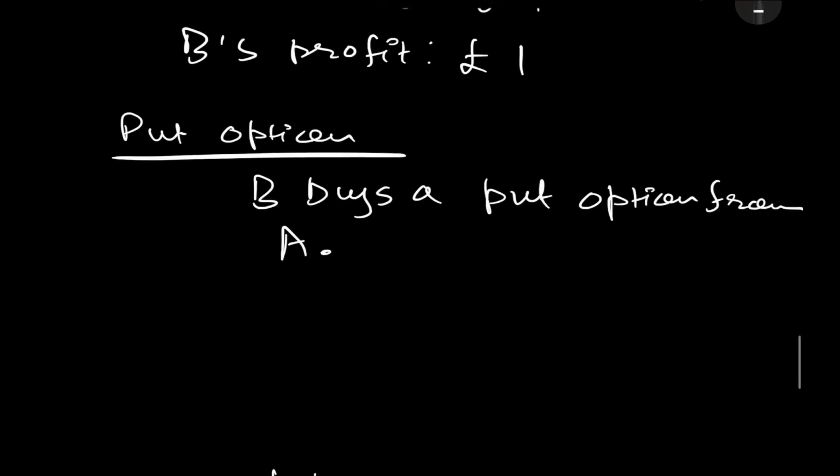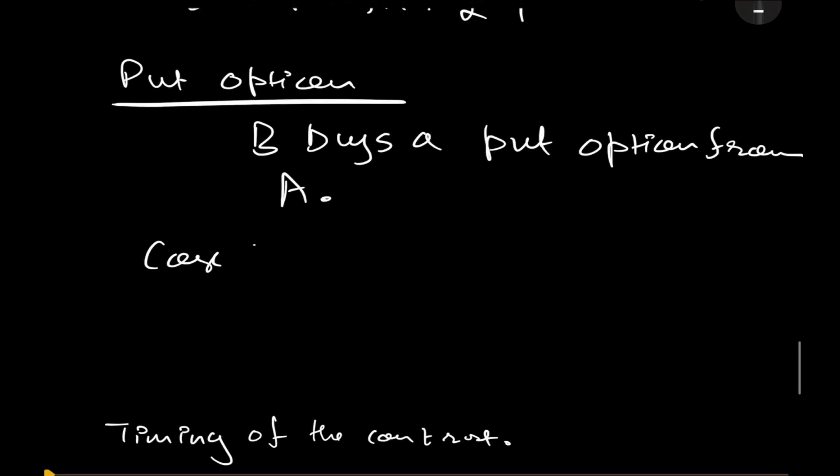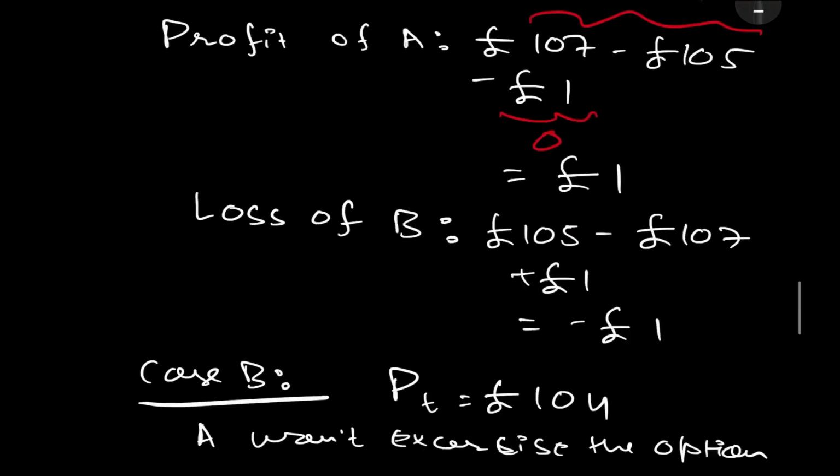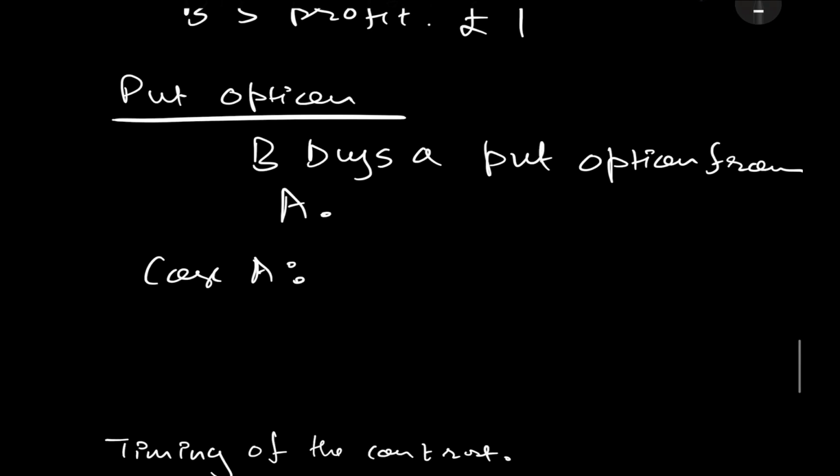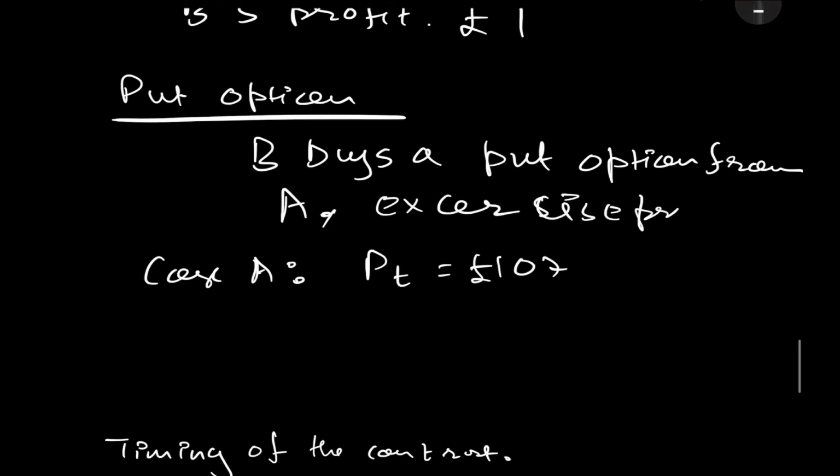Make sense? So what will be case A? Let's just say the price in case A is same as before, that is the price is 107. And the exercise price here is 105 as it was before.